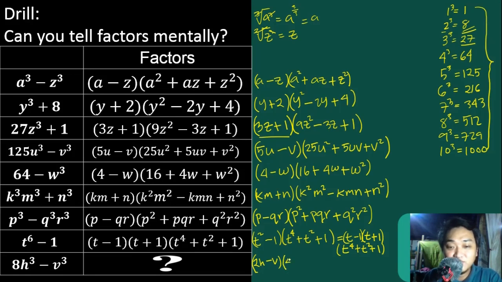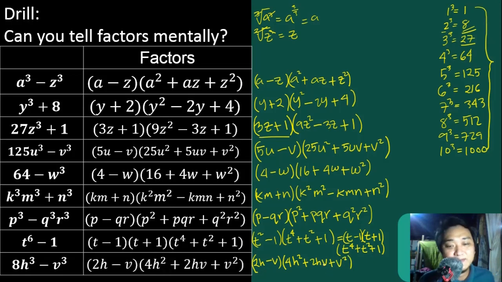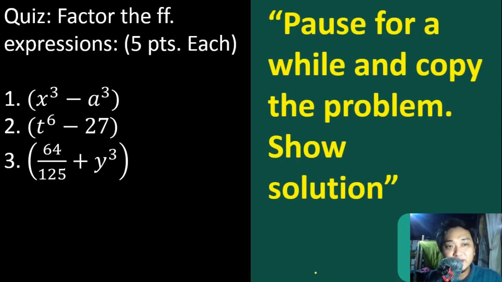That will be 4h squared plus, kabaliktaran ng minus sa binomial, plus 2hv plus v squared. So tingnan natin kung tama tayo. Ayan, so tama tayo.